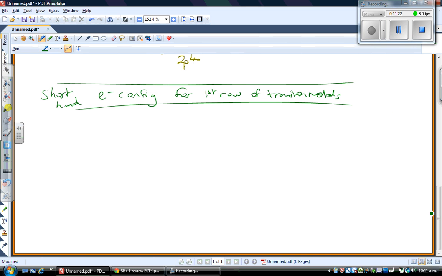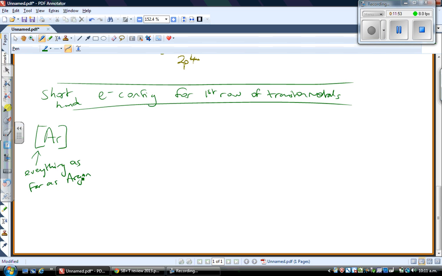When you're doing these, you really need to have a periodic table beside you as you perform this skill. If you have your periodic table in front of you, the last noble gas before you head into row number 4, where the transition metals start to appear, is argon. So if we write down argon and put square brackets around it, the square brackets mean everything as far as argon.